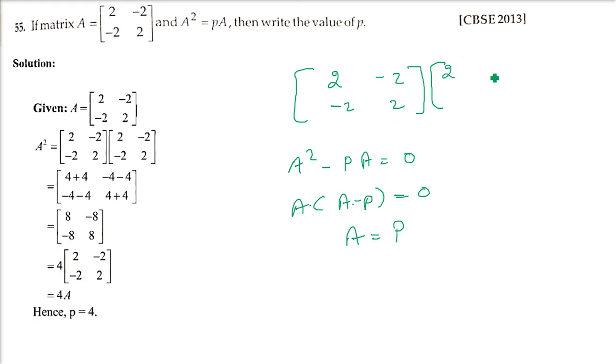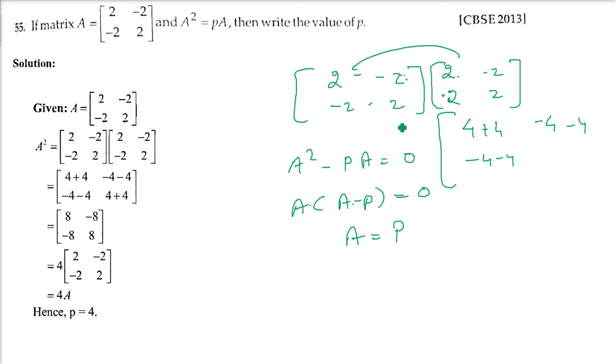But let us continue with our solution. 2, minus 2, minus 2 and 2. So we have to multiply it properly. 2 into 2, 4. Minus 2 into minus 2, 4 again. 4 plus 4. Now first row and second column: 2 into minus 2 is minus 4, and minus 2 into 2 is minus 4.